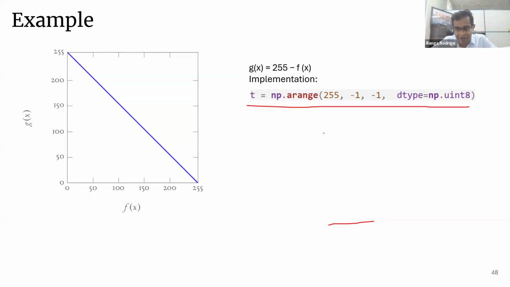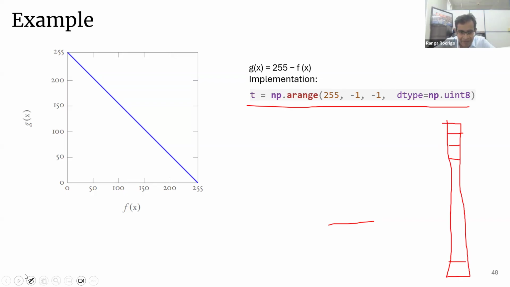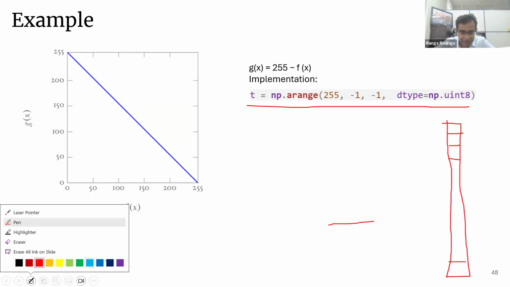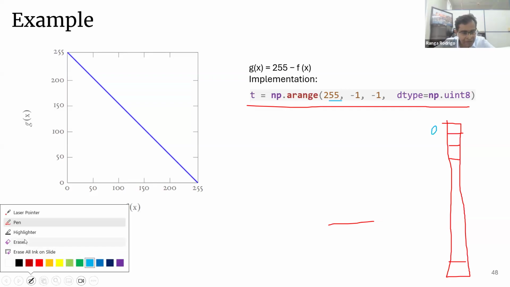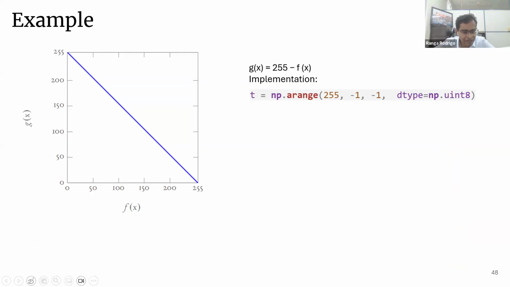If I draw the array again for this case, what a horrible way of drawing, right? At the 0th location, you will have 255.